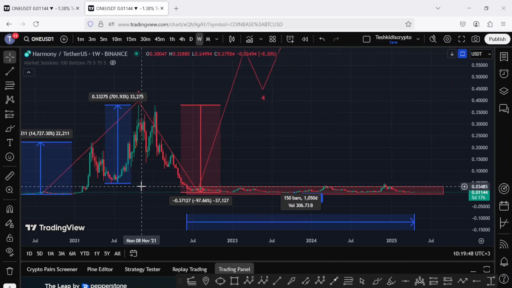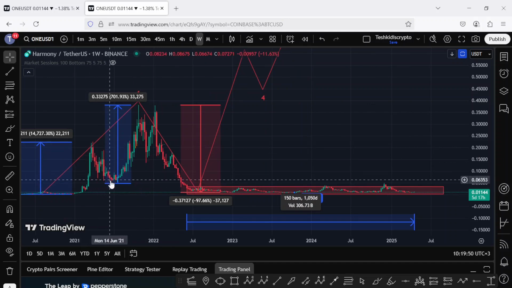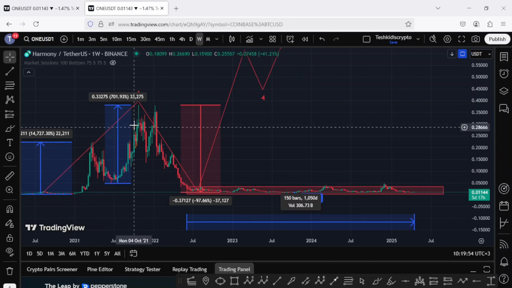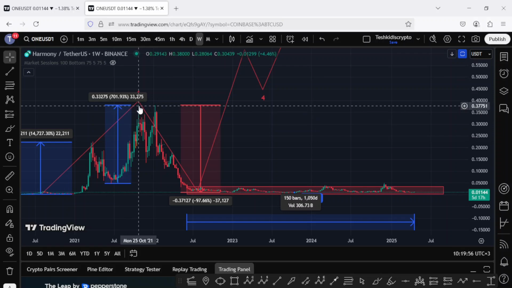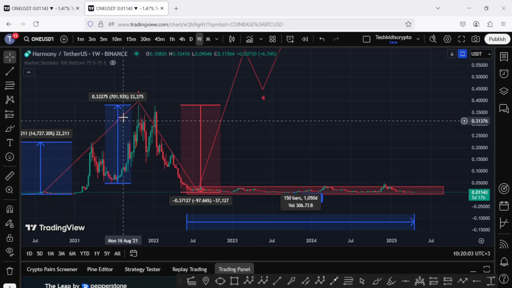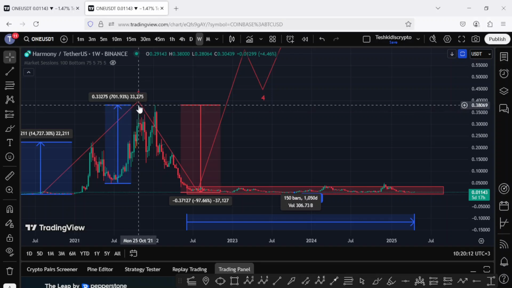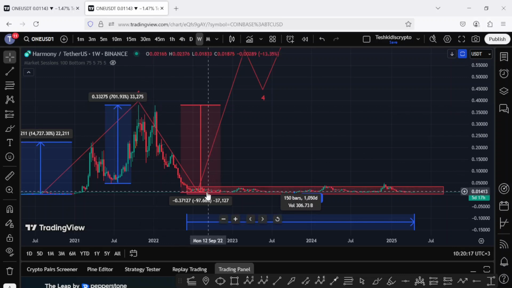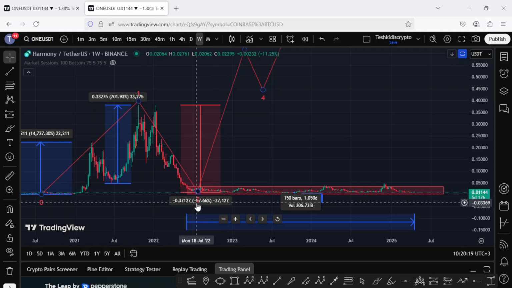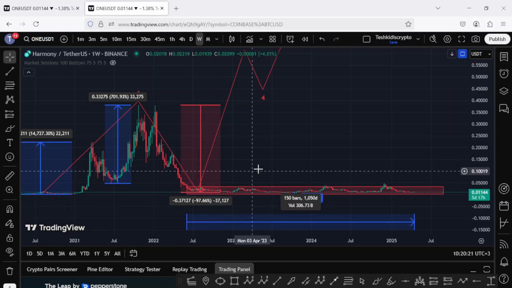Then we saw a bit of a corrective structure before we started an even more aggressive bounce to the upside in a move that gave us an all-time high above the 0.3791. In this second bounce, the market was up more than 700% to the upper side. Then we started a bear market where, from the all-time highs, at some point the market has been down more than 97.66% to the lower side.